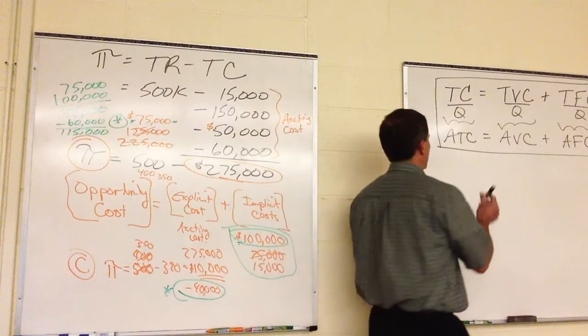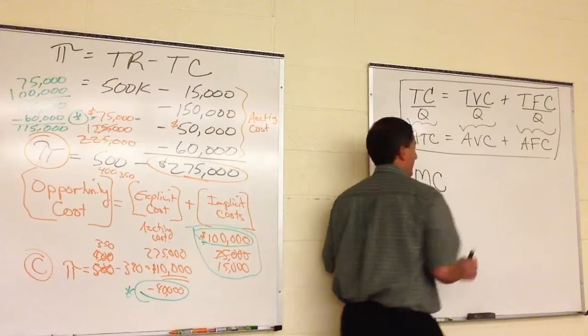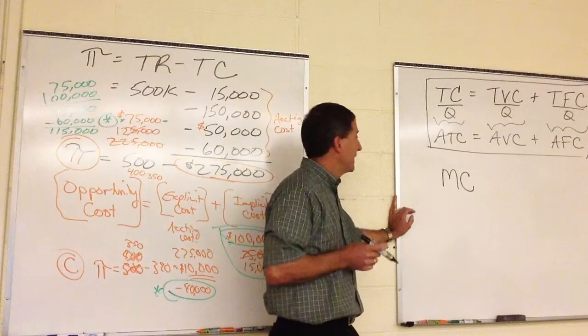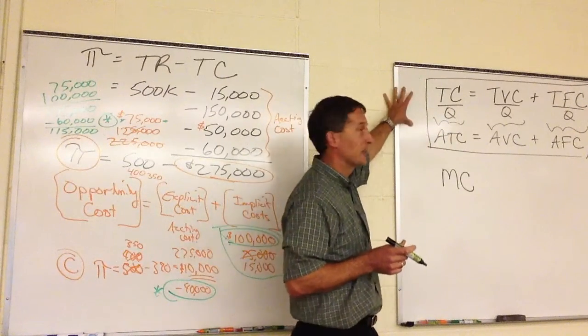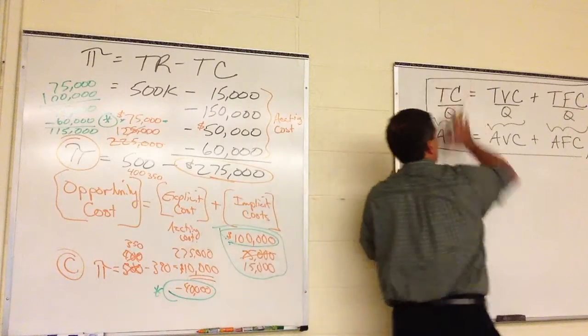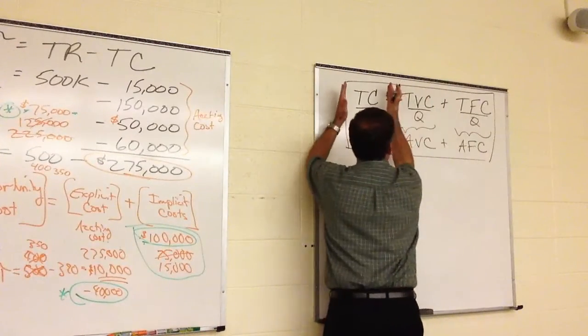Now, marginal cost, the granddaddy of them all, isn't up here at all. You've got about 5 formulas that are all embodied into this thing.